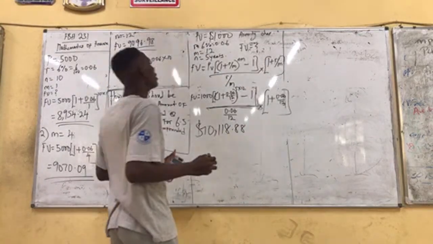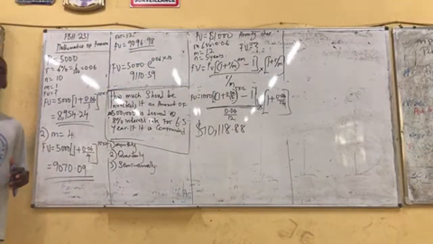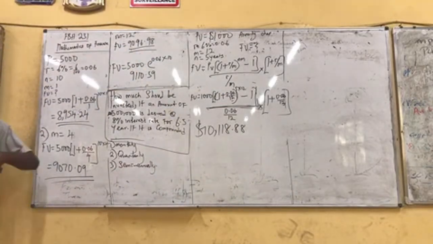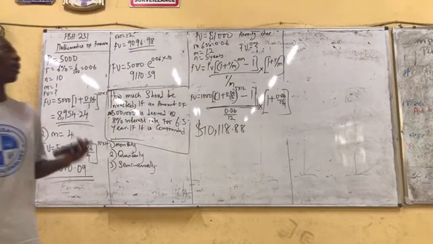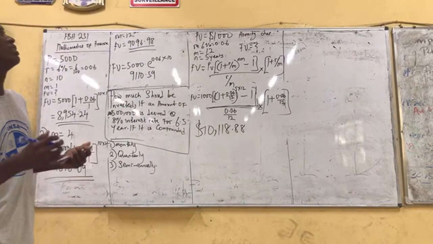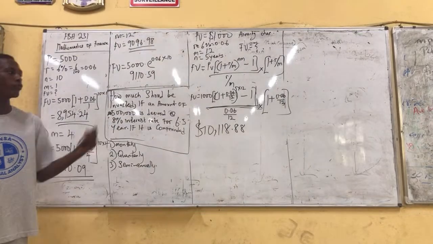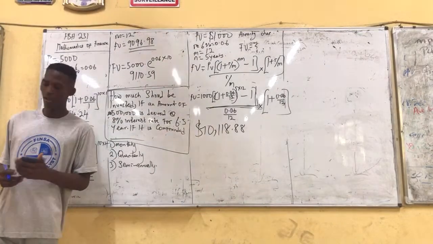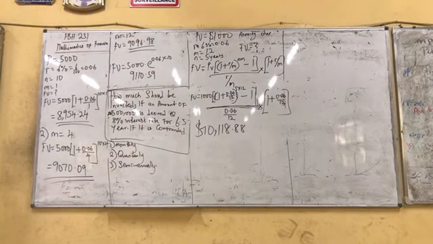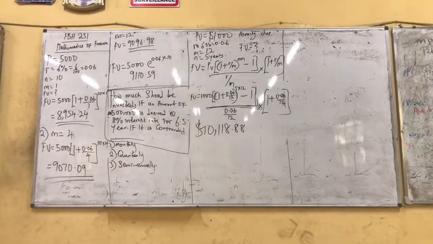$17,118.88. So that is the amount that we get at the end of 5 years, if it is compounded monthly at an interest of 6%. So that's our future value over there. Alright. So if you don't understand, reverse it and observe well again.